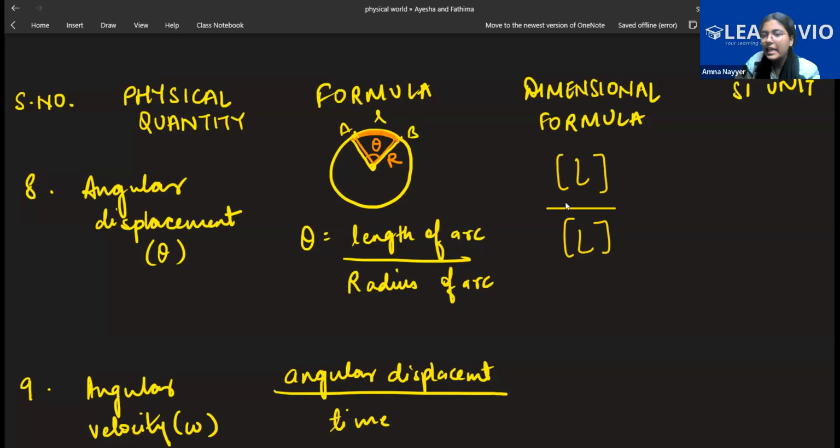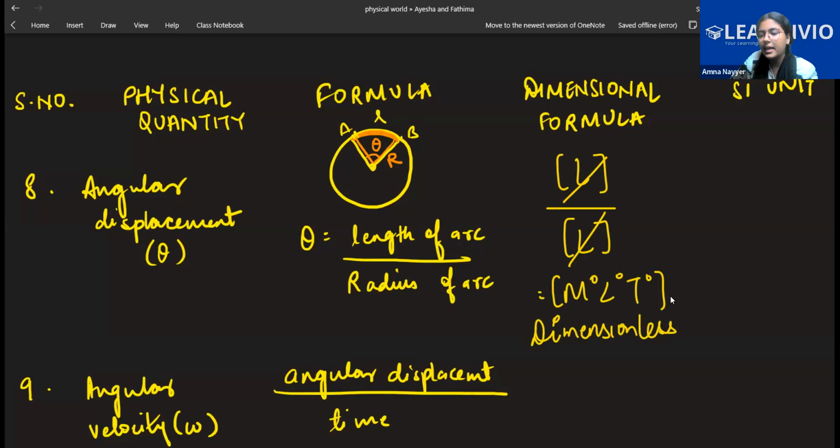Now class, length is getting cancelled. Mass is not present, time is not present. Then M to the power 0, L to the power 0, T to the power 0. So basically this is a dimensionless quantity, but it is a quantity that has a unit, as we discussed yesterday. The SI unit is radian.